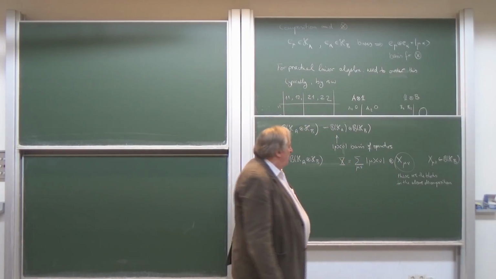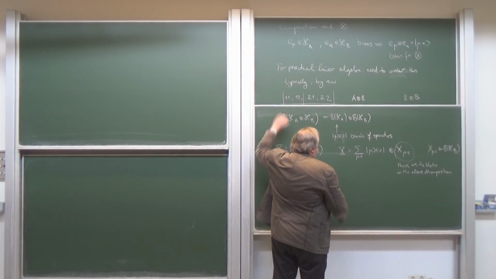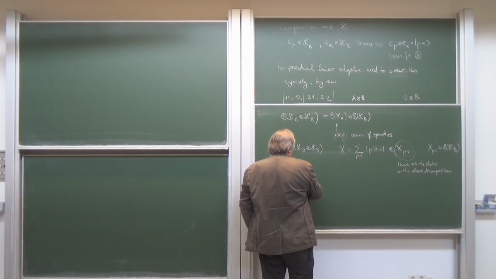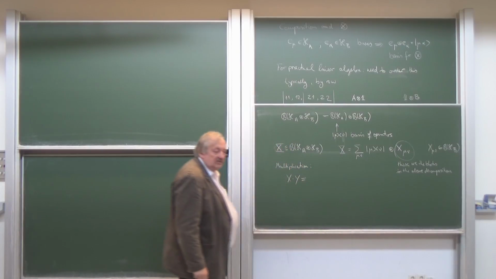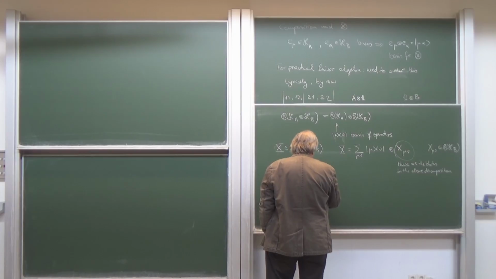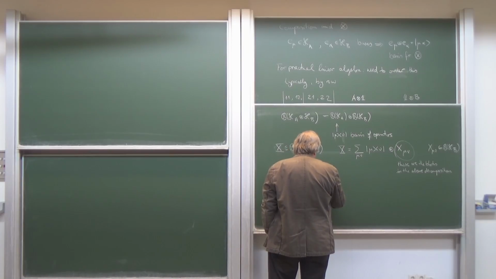And the multiplication rule here: if I take the product of x and y, which has a similar decomposition, then I have a sum over nu for x and a sum over, let's say, nu prime for y.